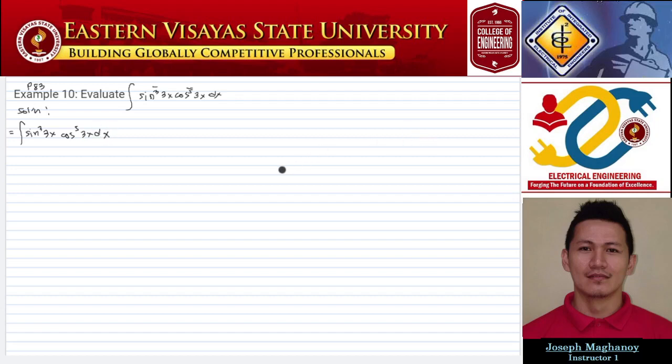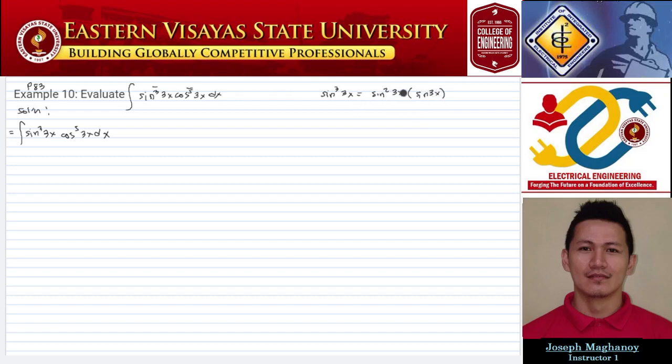Okay, so we'll start with sine raised to 3, 3x. So it's obvious that if we're going to rewrite or manipulate the power of this function, we can rewrite this as sine squared 3x times sine 3x.